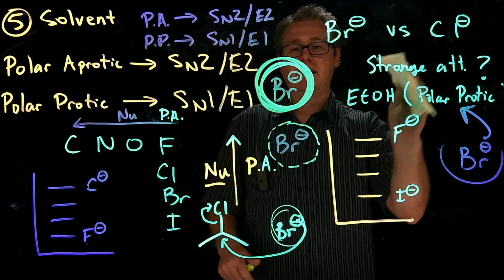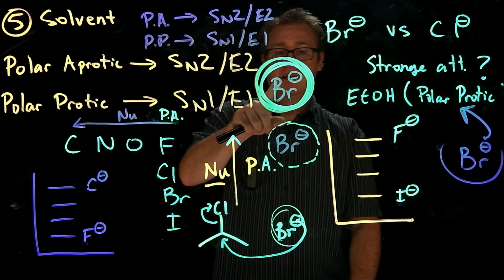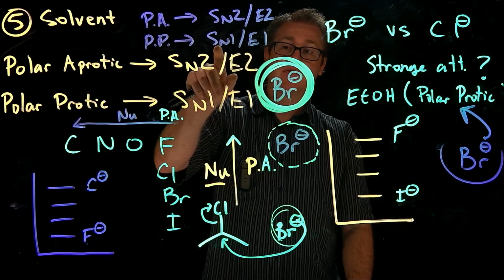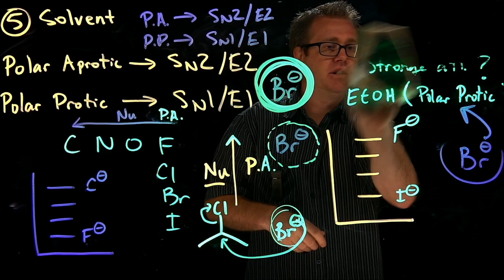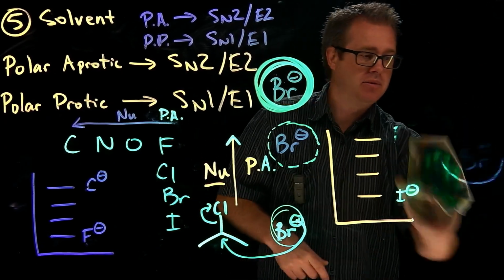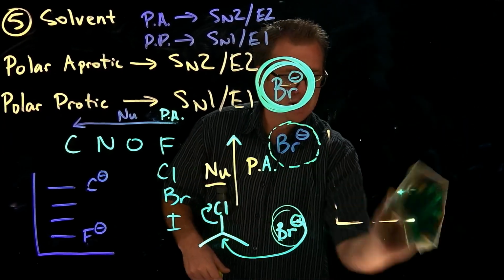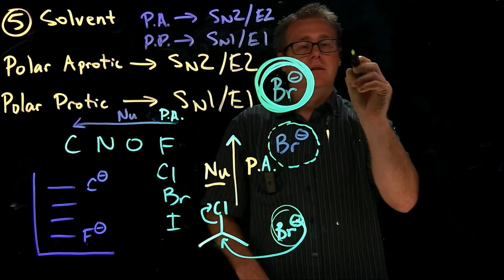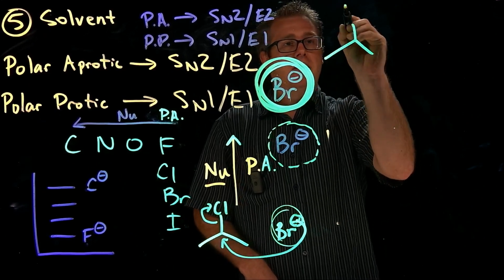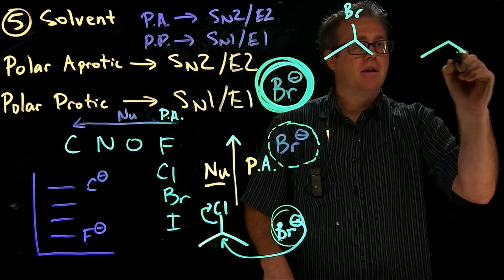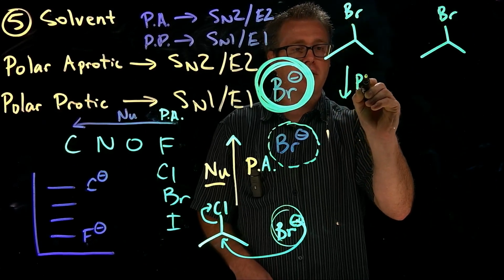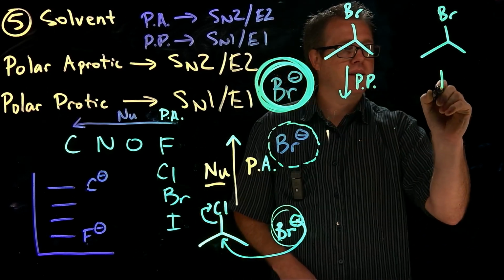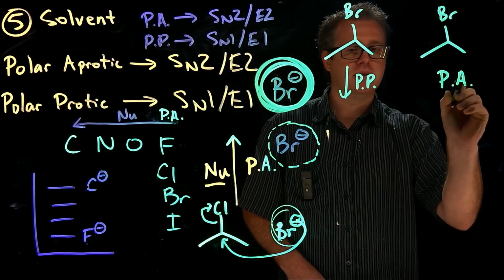On the flip side, why do polar protic solvents favor SN1? Well, that has to come back to this idea of leaving group. So if we have this compared to this, but in this one we have polar protic solvent, and in this one we have polar aprotic solvent.